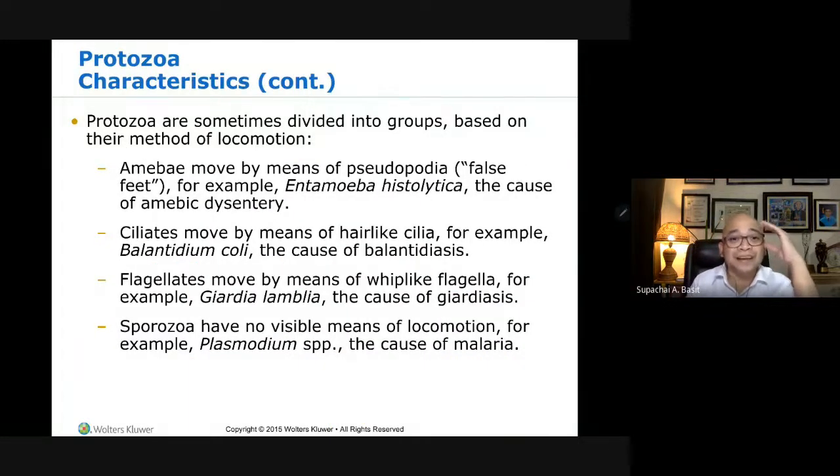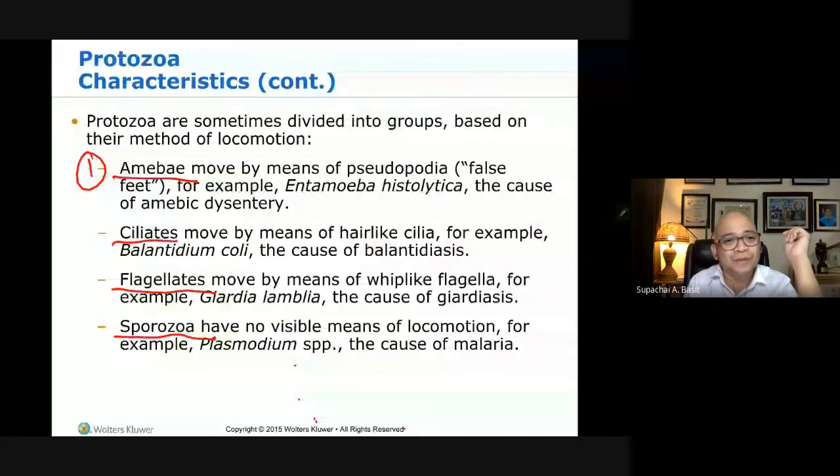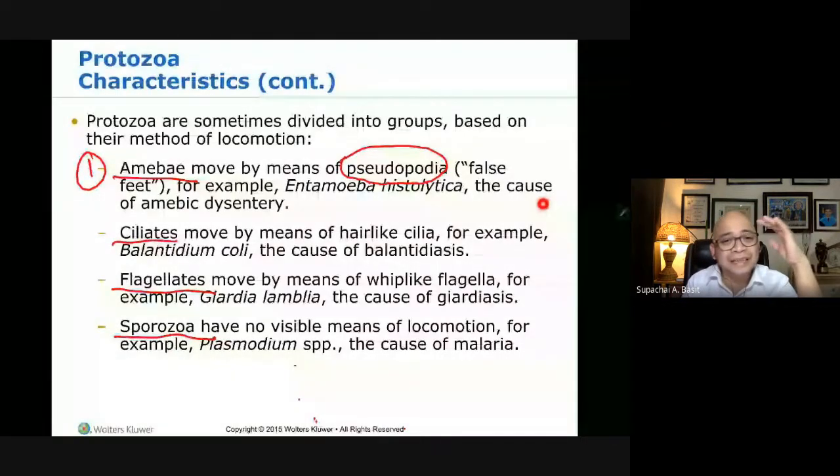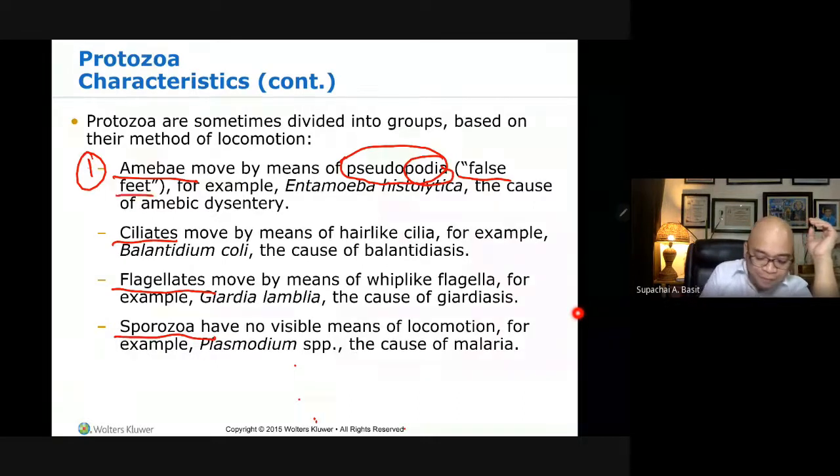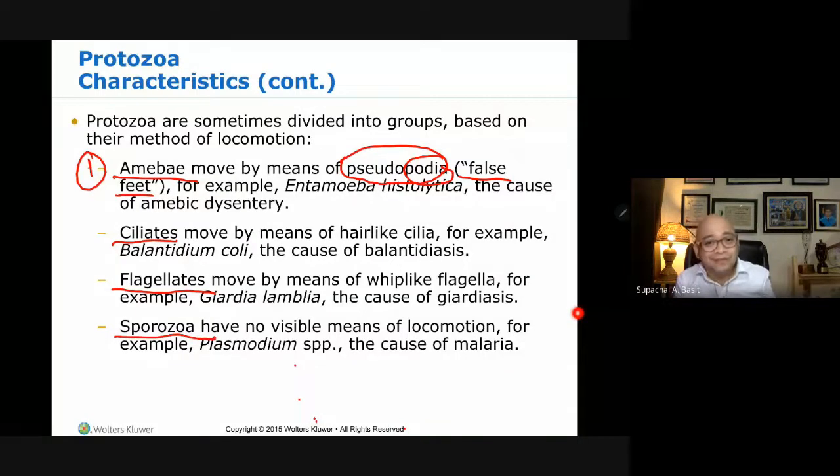Protozoans are sometimes divided into groups based on their locomotory organelles: the amoebae, the ciliates, the flagellates, and the sporozoans. For amoebae, the main locomotory organelle is called pseudopodia. The term pseudo means false, while podia means feet, so pseudopodia means false feet.